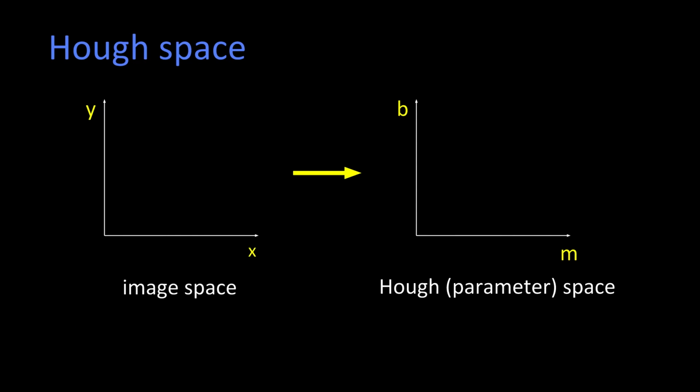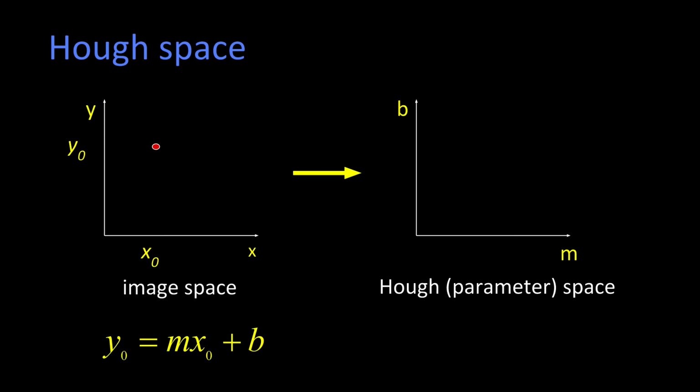Now we're going to do something a little different. Suppose we only have one point in the image space, and we'll put that point here at x0, y0. Well, what are the equations of the lines that might go through that point? Well, in image space, we know that the line that goes through that point is going to satisfy, for whatever the m and the b are, the equation y0 has to equal m x0 plus b.